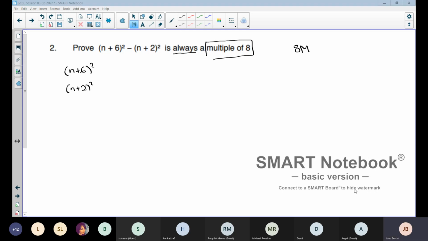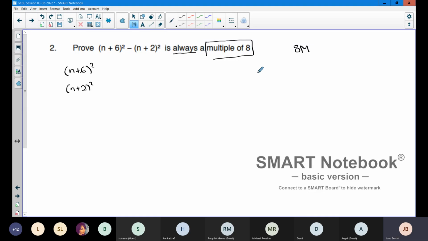I give you just 1 minute to see if you can expand that. That's the skill that we need.